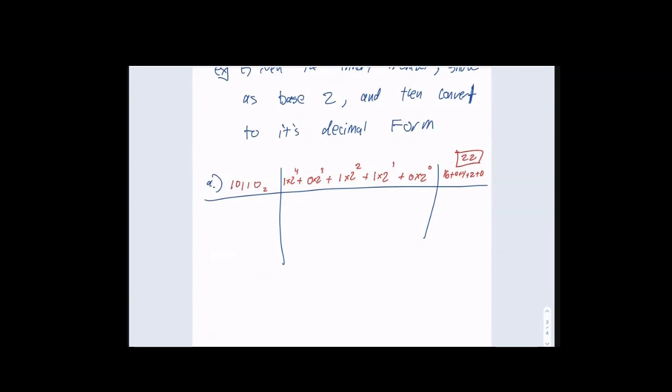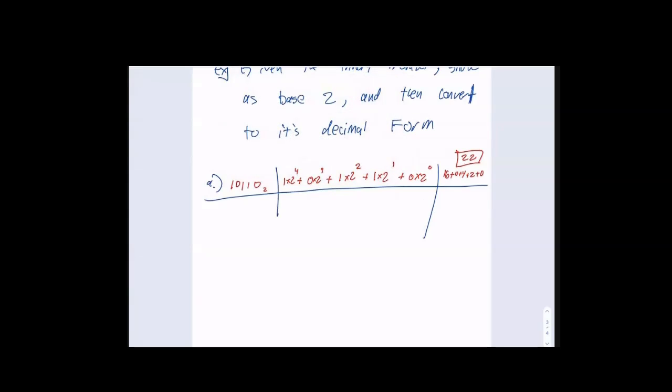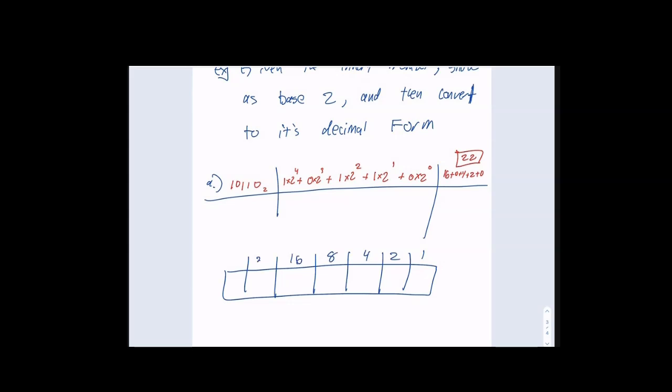Now, like I said, you could think of this as a table. You have the numbers 1, 2, 4, 8, 16, 32, 64, and then I give you the number, which is 0, going backwards, 1, 1, 0, 1. You always write it and push it as far to the right as possible.